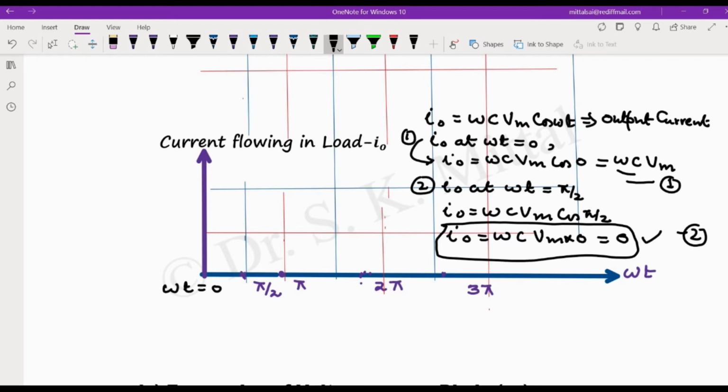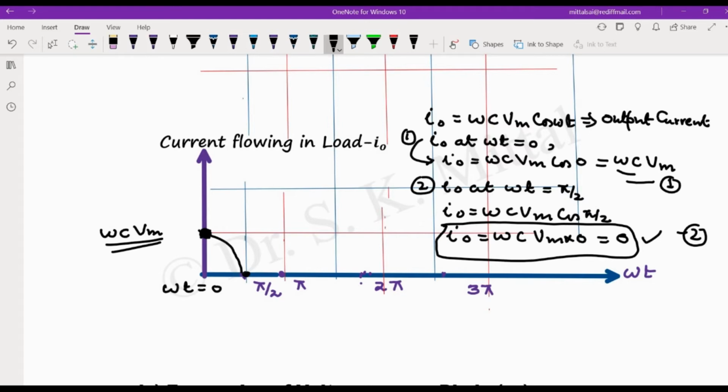So if I consider this point as omega c into Vm, the first current we get here is omega c into Vm. Now at omega t is equal to pi by 2, the output current becomes 0, so we will obtain this value of output current.